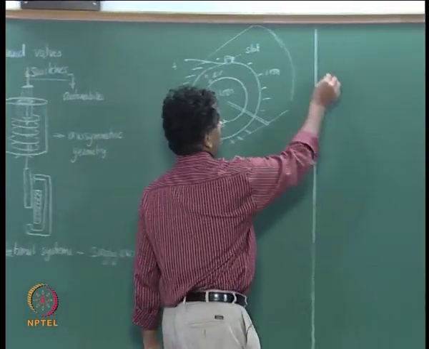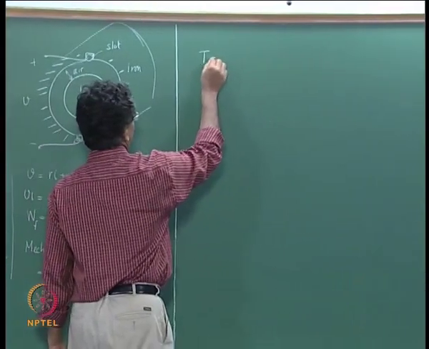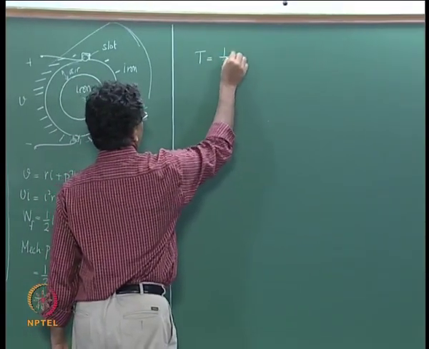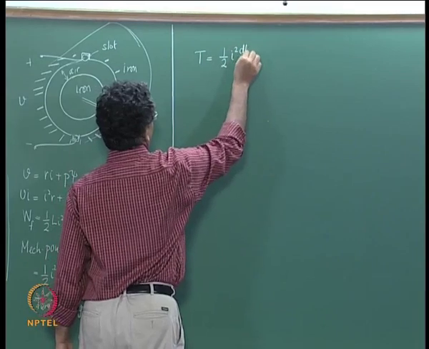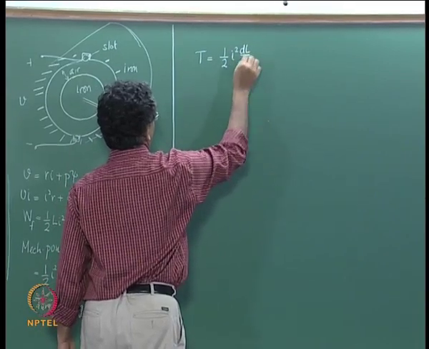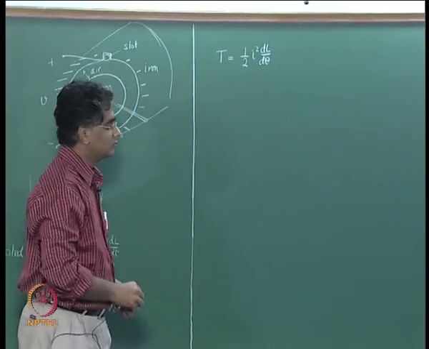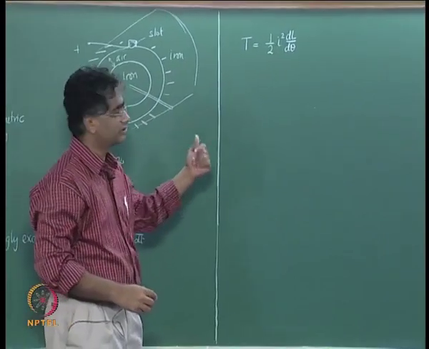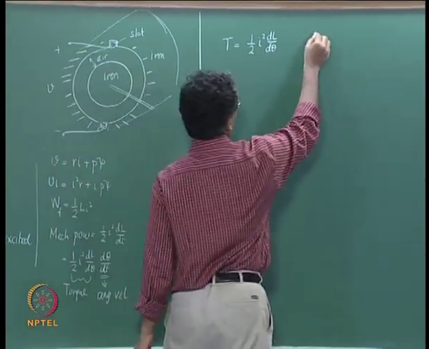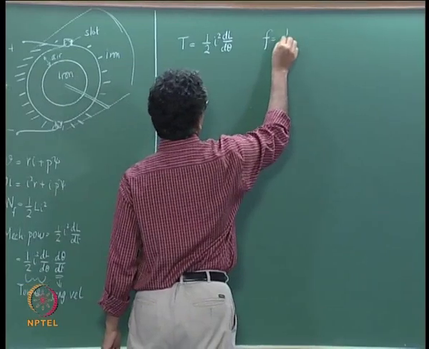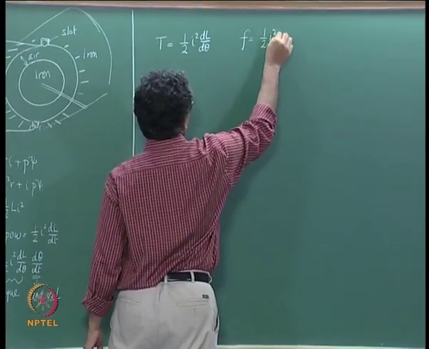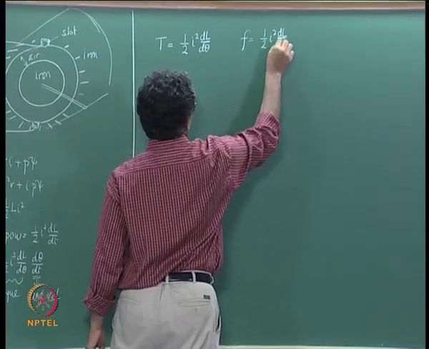Therefore we can write that in the rotational system torque is equal to half I squared dl by d theta. This is an analogous expression to what we had earlier in the linear motion system. You have force equals half I squared dl by dx.